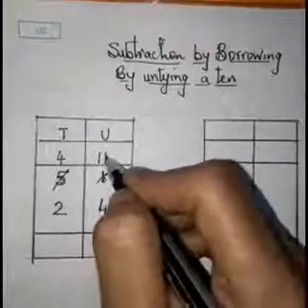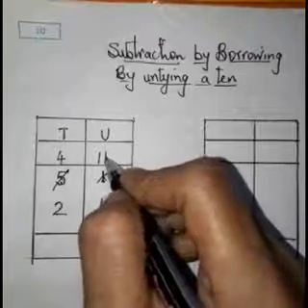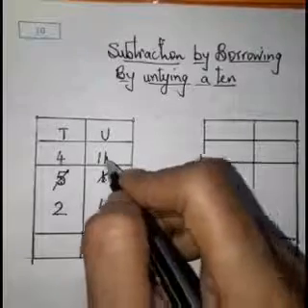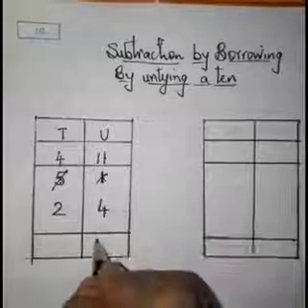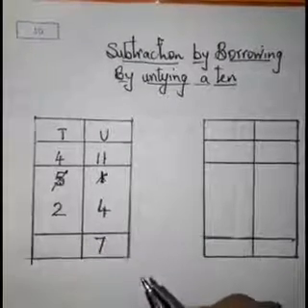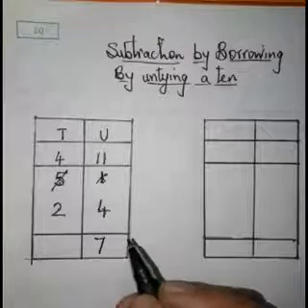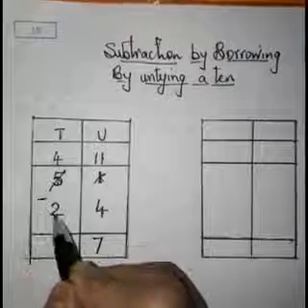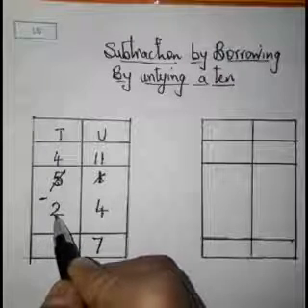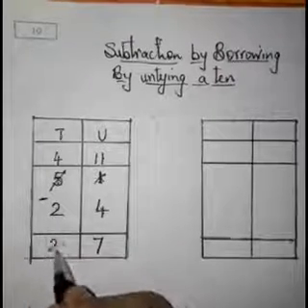Now here I am having 11 units. From that I can subtract 4. So I get 7. And from this 4 tens subtract 2, I get 2.